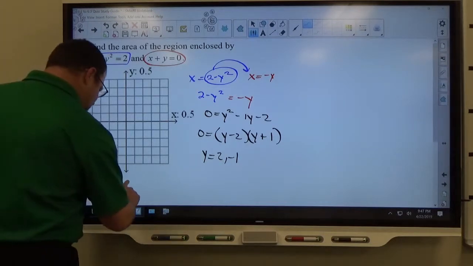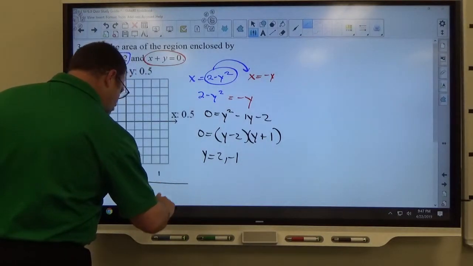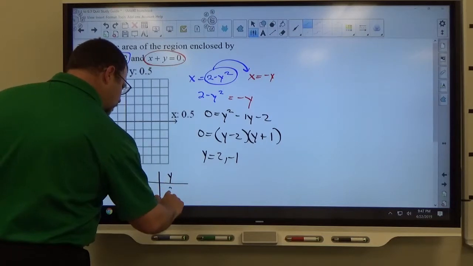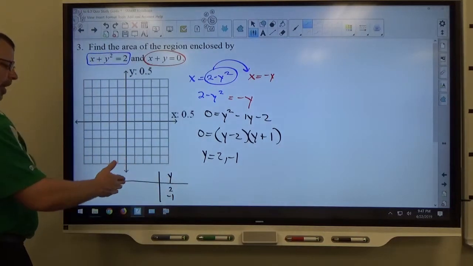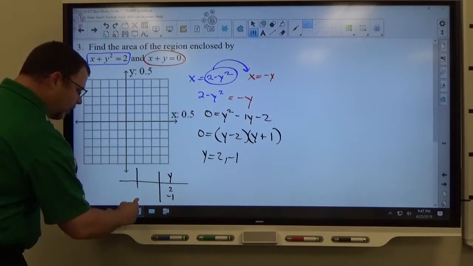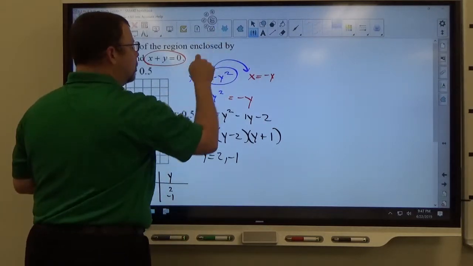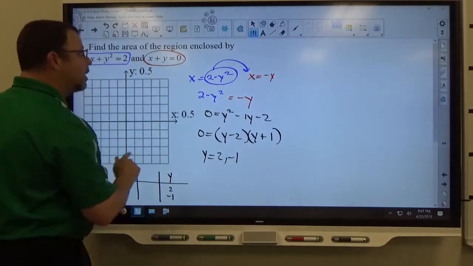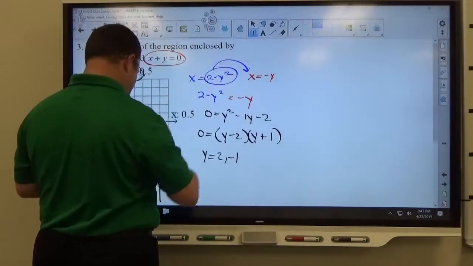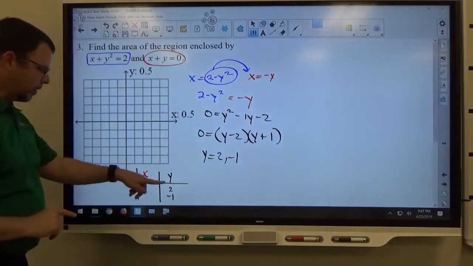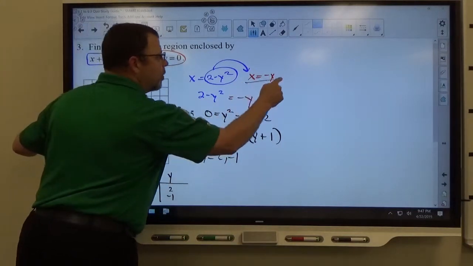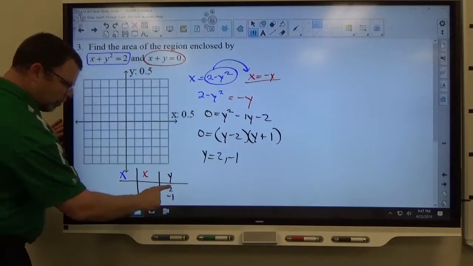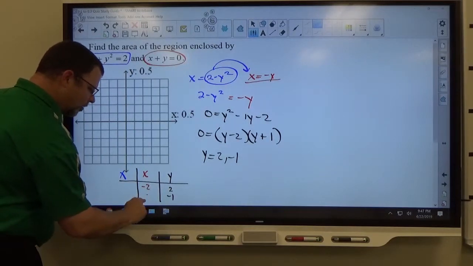So if I'm setting up an xy chart like I normally do, I want to put 2 and negative 1 into my chart in the y column, and I want to figure out the x for each. But I've got two different functions here, so I'm going to make a blue x column and a red x column. And I want to put these values of y into both to see what happens. For the red function x equals negative y, that just means change the sign, so negative 2 and positive 1 are the results.